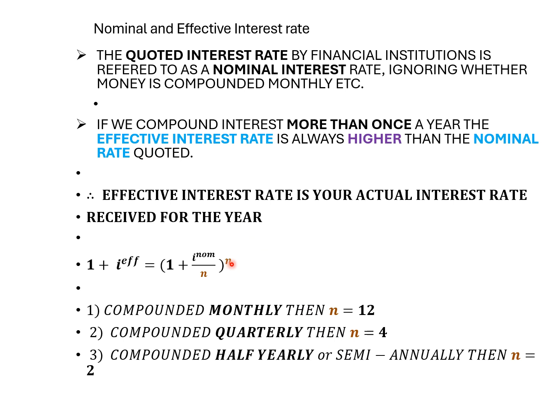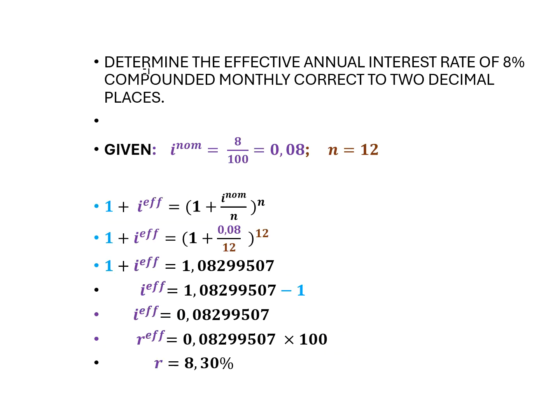Right, so let's look at some problems. Determine the effective annual interest rate of 8% compounded monthly, correct to 2 decimal places. My nominal rate here is given as 8%, so it's 8 divided by 100, which is 0.08.